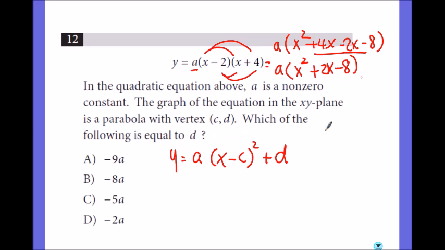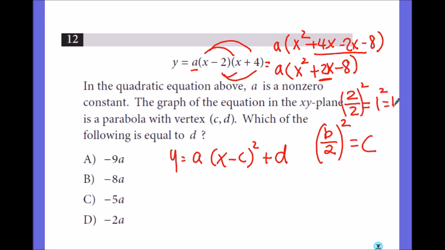You do b over 2 squared to get your c. So here my b is 2. So 2 over 2 is 1, and 1 squared is 1. That means if I rewrite this, a times x squared plus 2x plus now what? 1. b divided by 2 squared is 1.